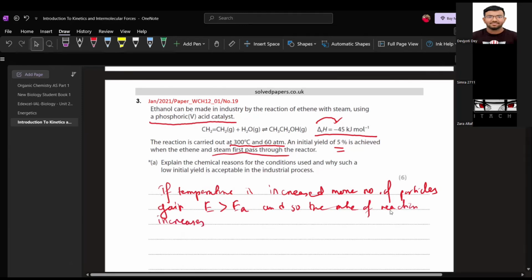Well, that's a good thing for the industrial process. You're increasing the rate of reaction. But there is a catch. What is the catch? Look, it's the exothermicity, right? So if we increase the temperature, the equilibrium is going to shift in the endothermic direction, which is the backward direction. Yeah, exactly.